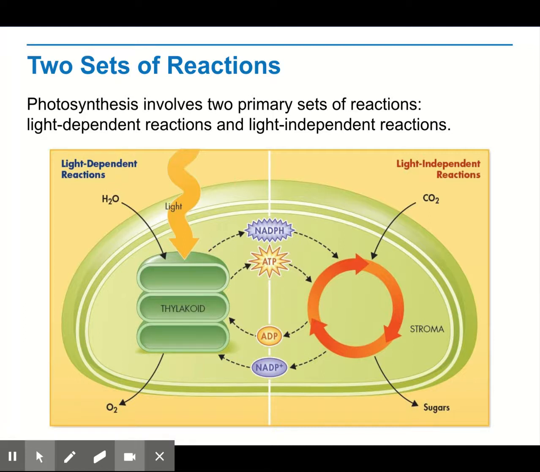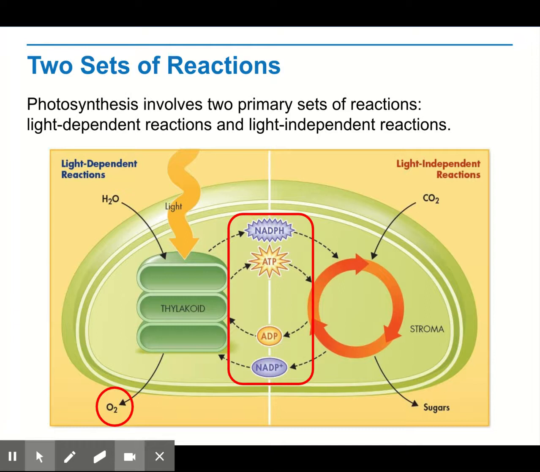Let's start off with a quick look into the light-dependent reactions. The light-dependent reactions are where chlorophyll absorbs energy from light and water is used in order to create oxygen gas as a product, as a waste product. We also get the production of NADPH and ATP, which are high energy molecules.